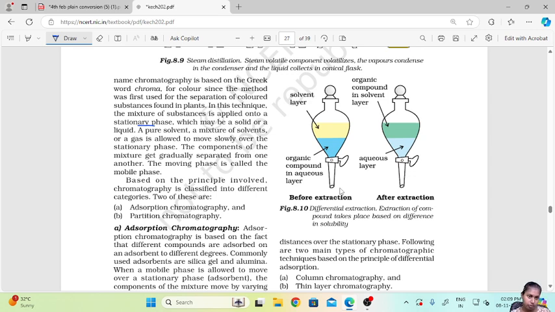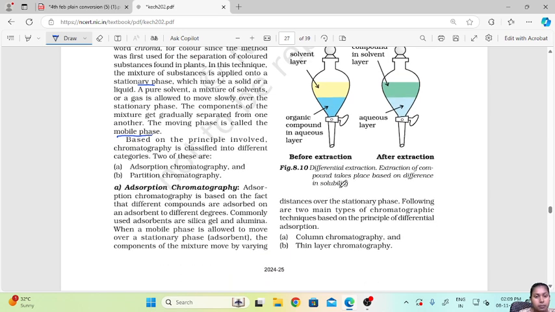The components of the mixture get gradually separated from one another. The moving phase is called the mobile phase. The pure solvent, mixture of solvents or gas is called the mobile phase.